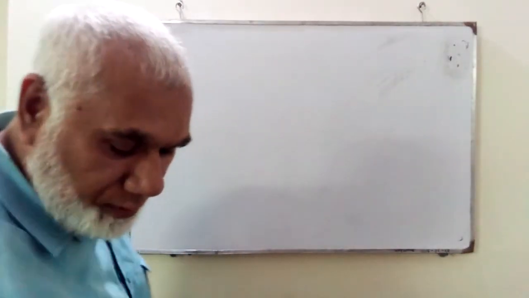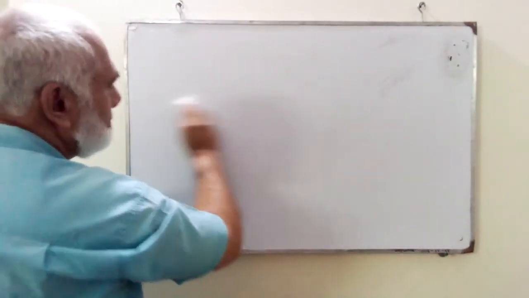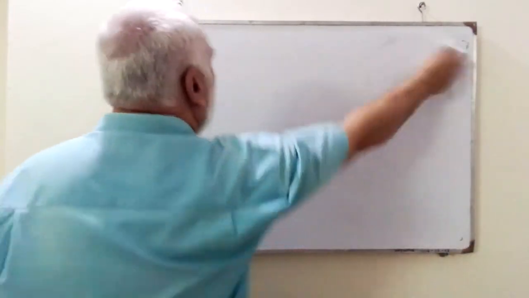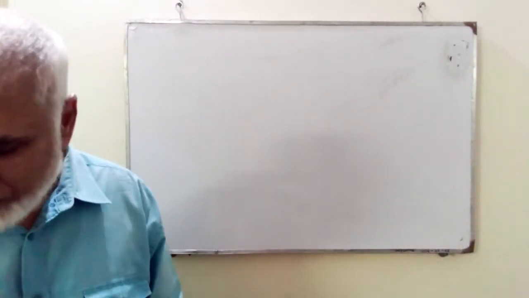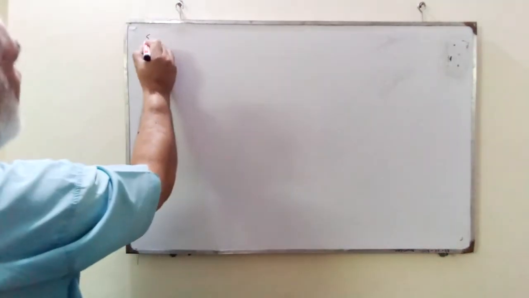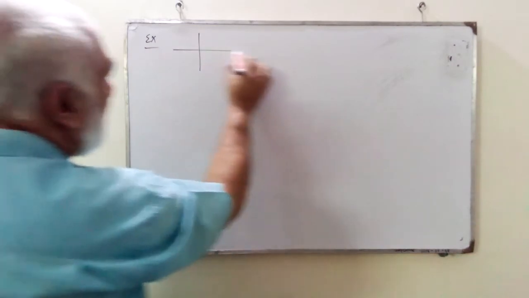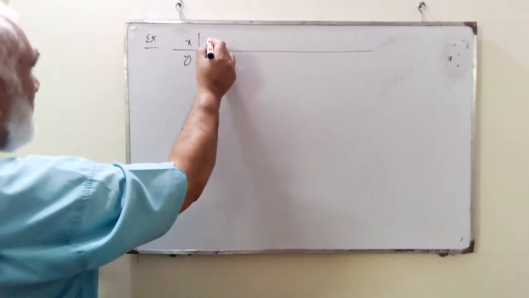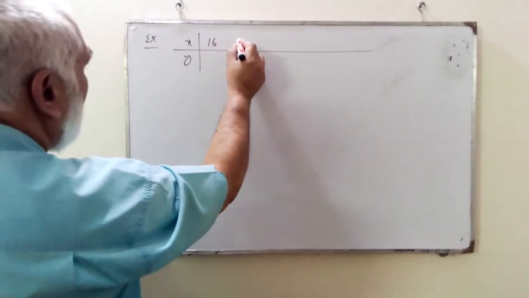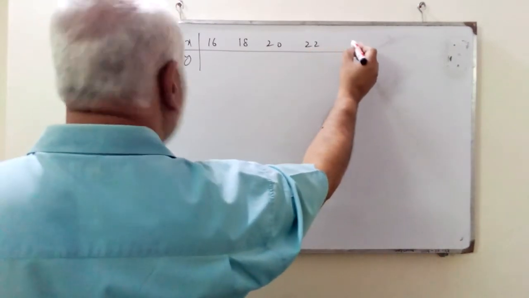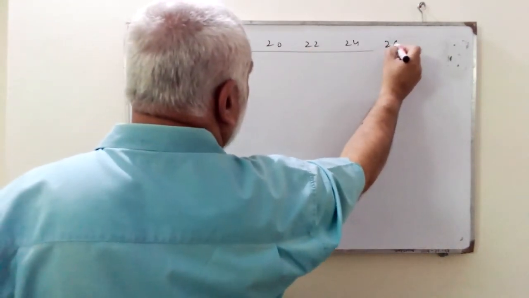The statement of the question is: you are given a set of points, in the form of x and y. The values of x are rising from 16, 18, 20, 22, 24, and 26.